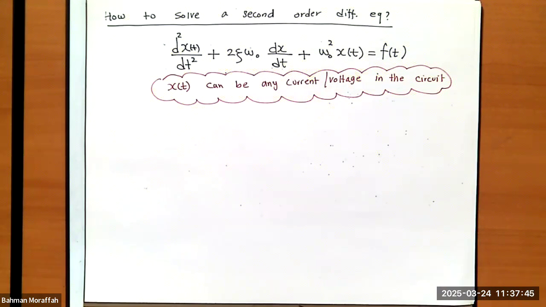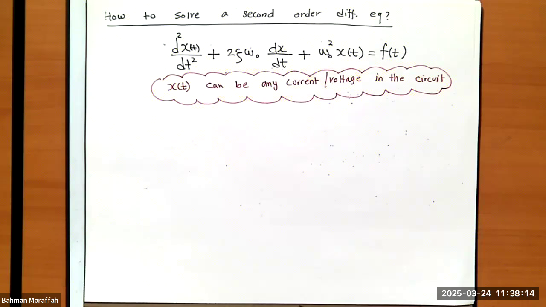But the idea is that I have a second order differential equation. I got to solve it. I know the solution for a differential equation that looks like this must have two portions. One is a particular solution, which is due to that f of t, which is our force. And one part is the complementary solution, which is the solution to the homogeneous differential equation, which basically means find a solution when f of t is 0.